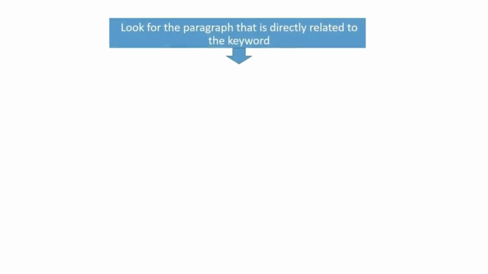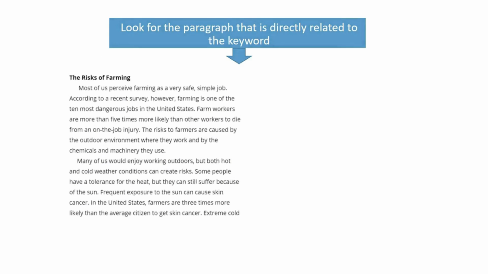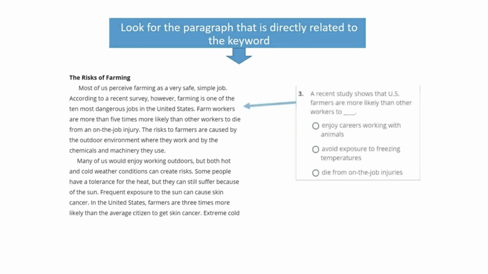We now have to look for these keywords in the correct paragraph. So we have to look for the paragraph that is directly related to these keywords, the paragraph that best suits them. If we look here, we have paragraph 1 and paragraph 2. The key paragraph is paragraph 1. Why? Because we have a survey, a recent survey, and we're looking for a recent study.